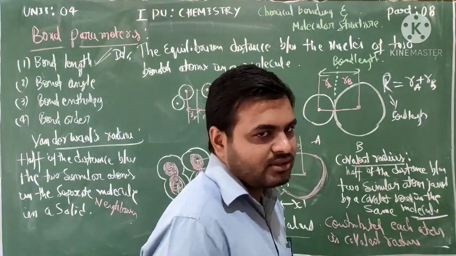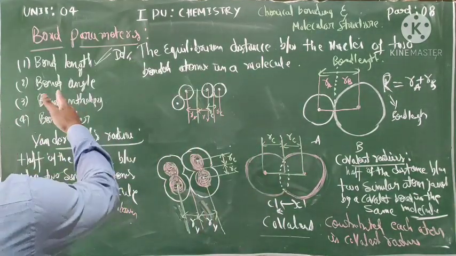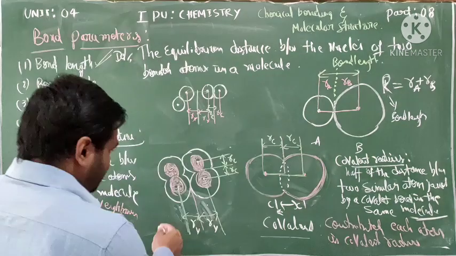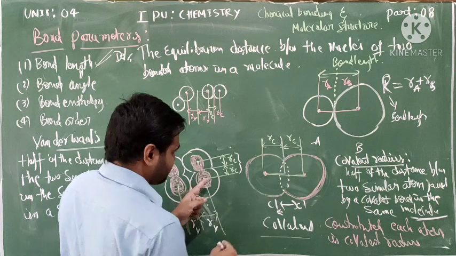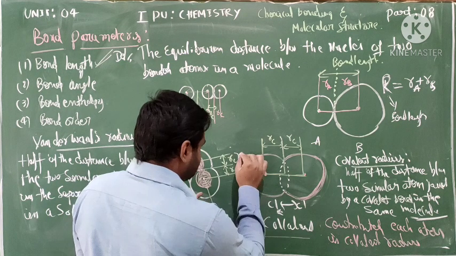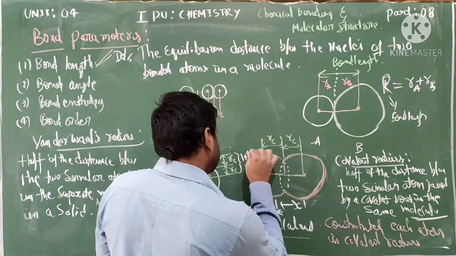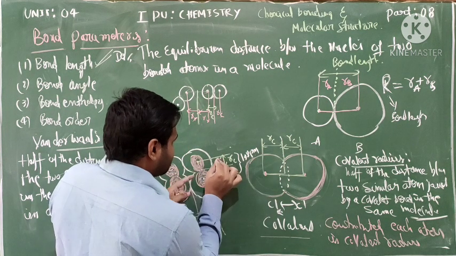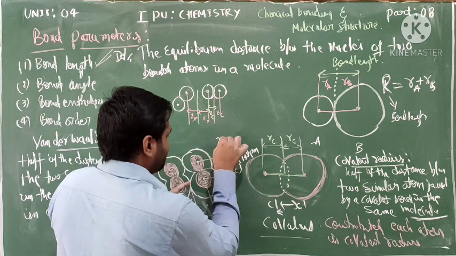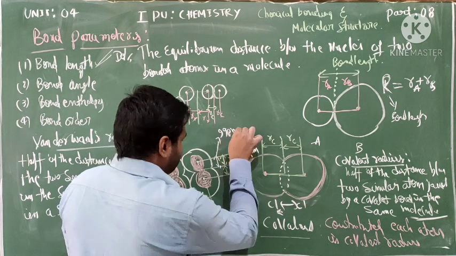So let me tell you some important bond length values. The covalent bond length for the overall molecule is 198 picometer (pm). For one atom, half the distance, it is 99 picometer.